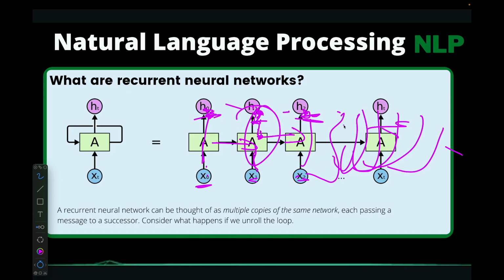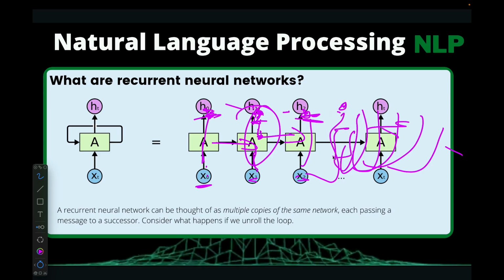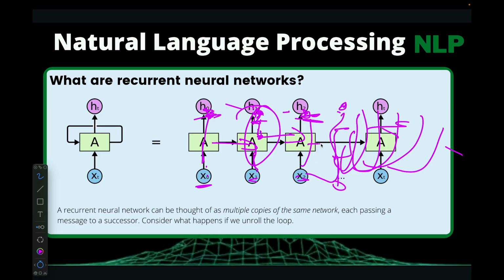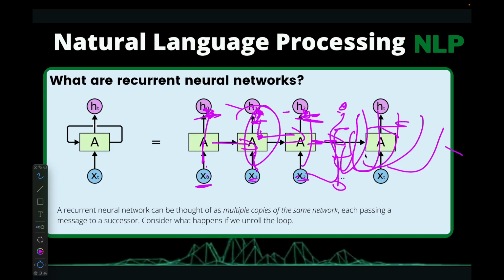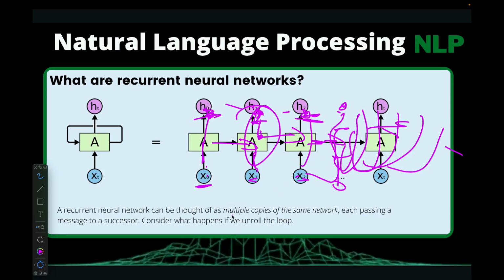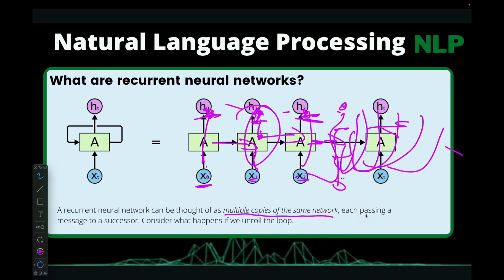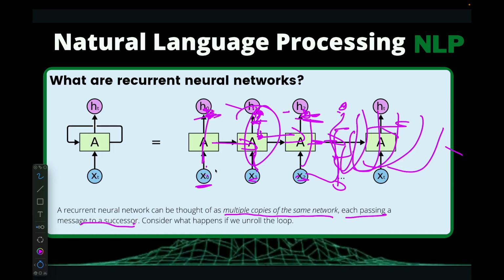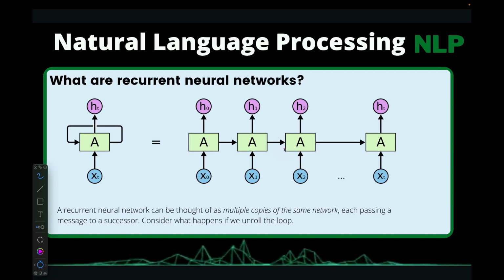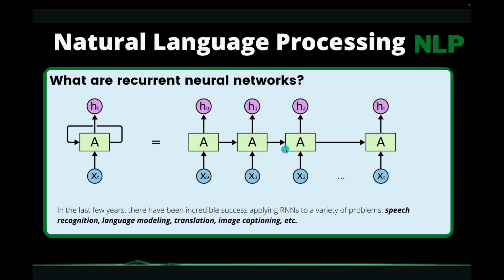In order to get the next one, you need the output from here to feed to this one. So you can think of it as multiple copies of the same network, each passing a message to a successor. That's basically what a recurrent neural network does.